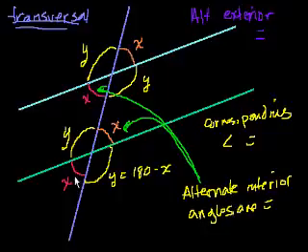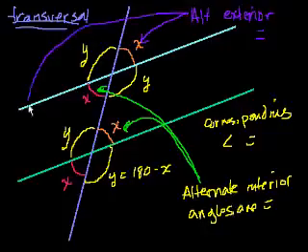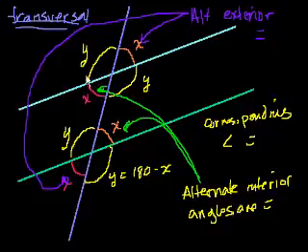One's on top, one's on bottom, and they're on alternate sides of the transversal. These are just fancy words, but I hope you have the intuition. Corresponding angles make the most sense to me, and then everything else proves out just through opposite angles and supplementary angles. But alternate exterior is that angle and that angle. And then the other alternate exterior is this y and this y. And those are also equal.